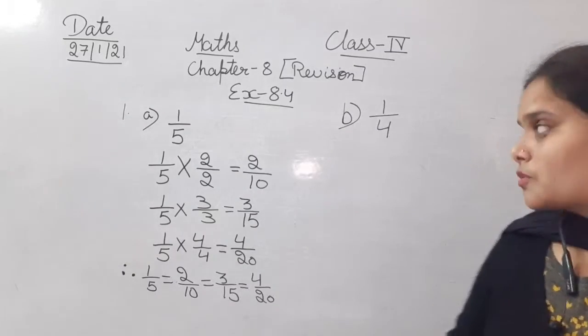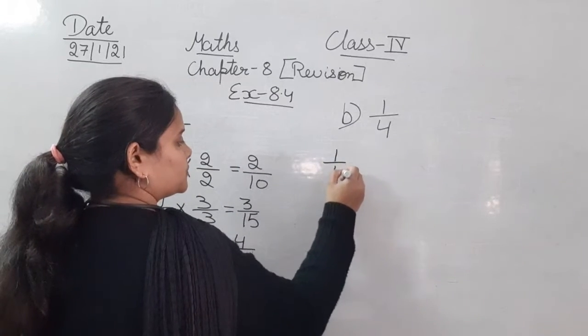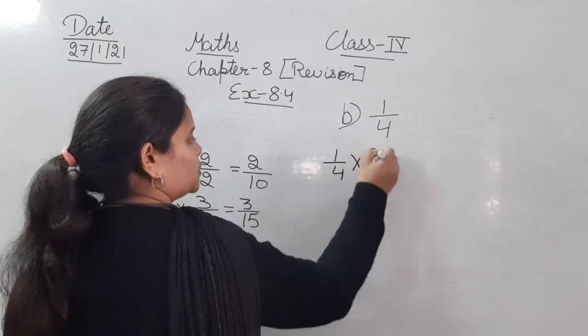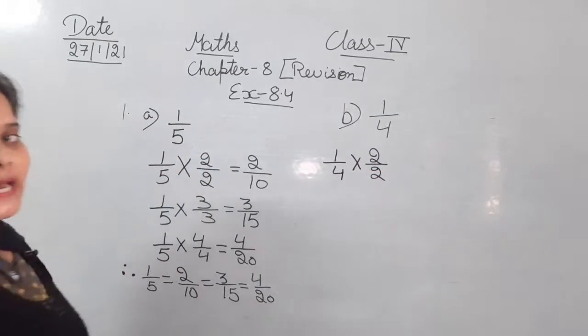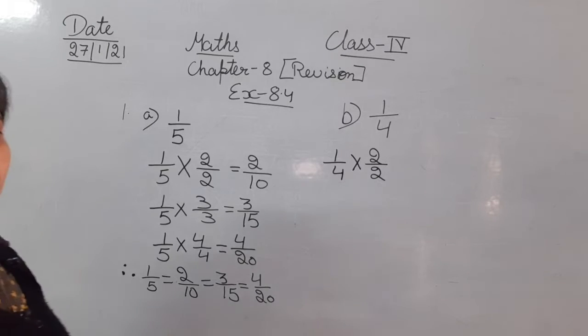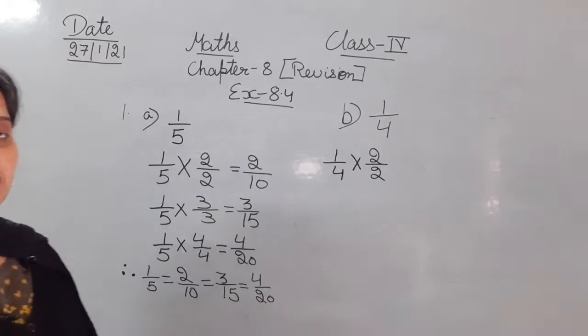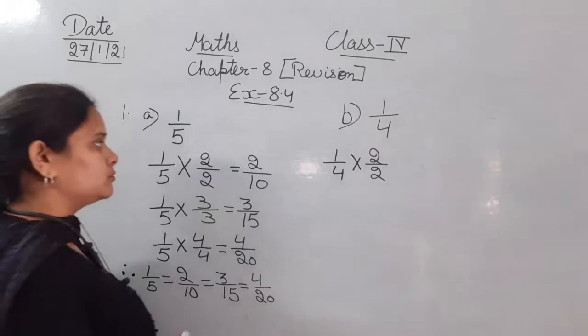Okay, so 1 upon 4 multiply by 2 upon 2. So we will multiply numerator as well as denominator with the same number. So 1 upon 4 will be multiplied by 2.